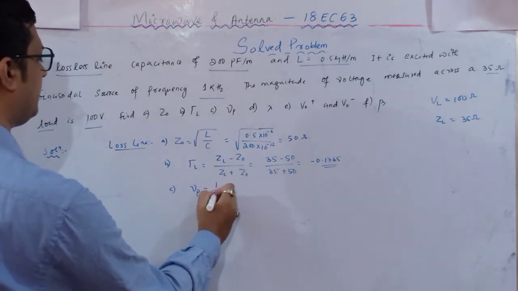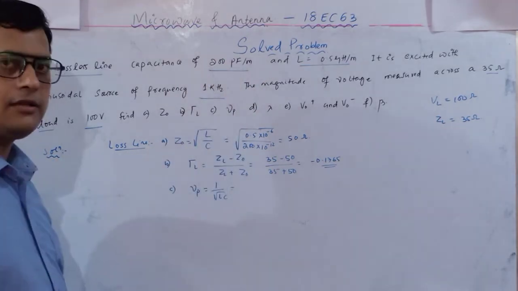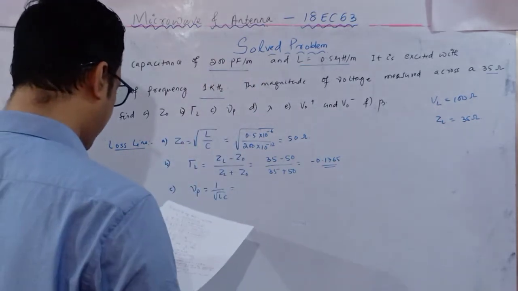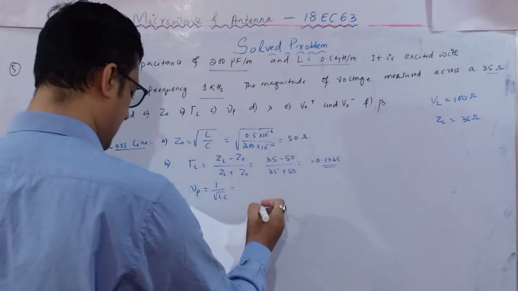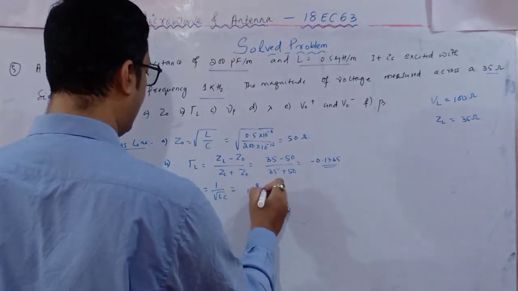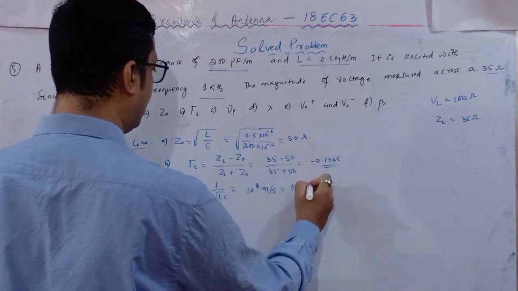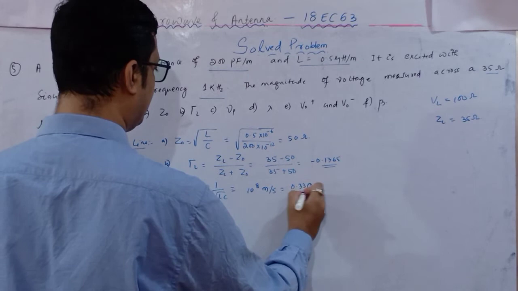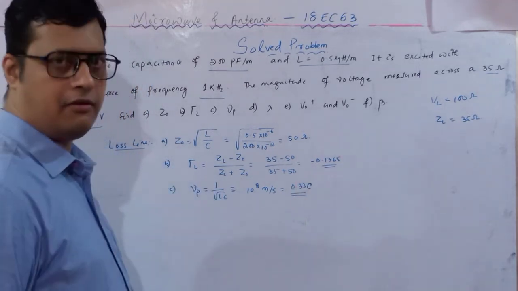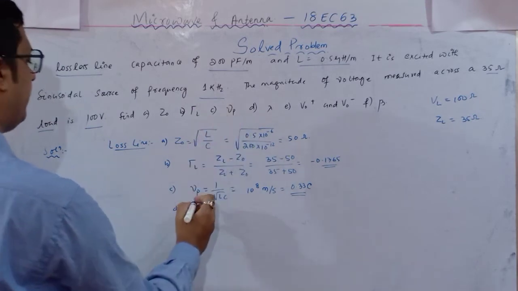Then what is my phase velocity? Phase velocity is 1 by root over of LC. The L value is known, the C value is known, substitute in this. So the phase velocity you will get is around 10 to the power 8 meter per second, or 0.33 times C, where C means the speed of light. Then wavelength.